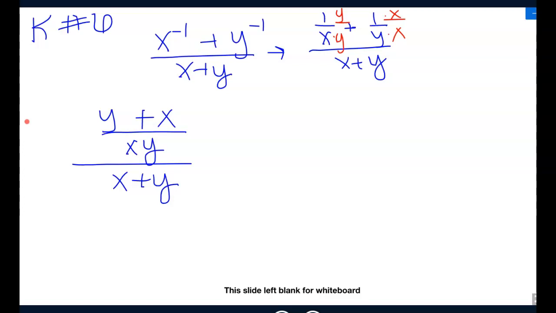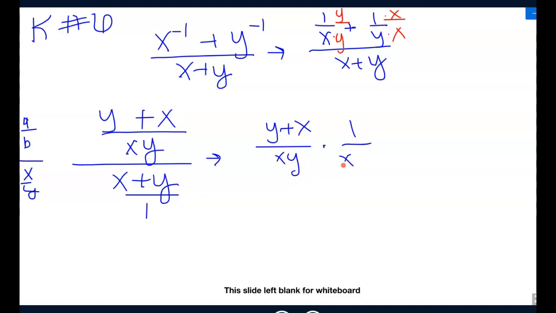There's your a over b times x over y. This is like over 1. So you're going to flip the bottom and multiply it by the top. So you get y plus x over xy times 1 over x plus y.